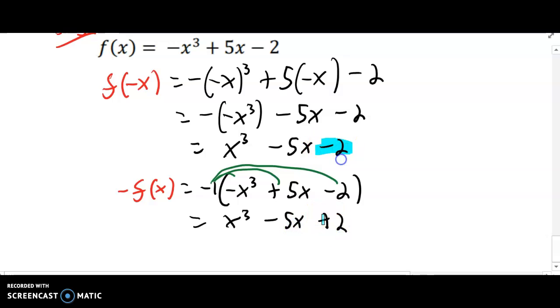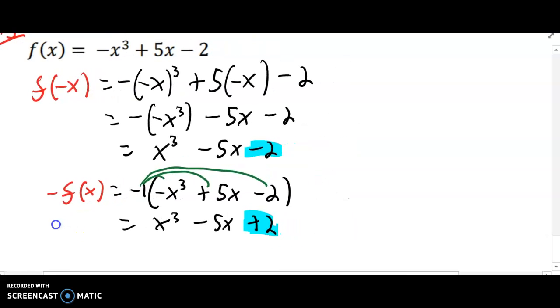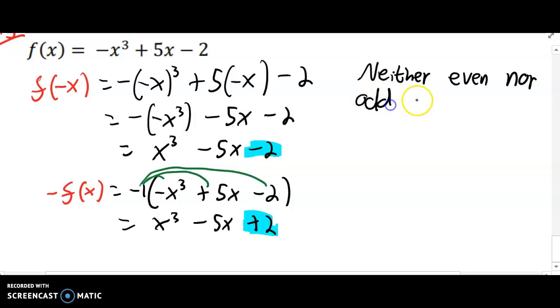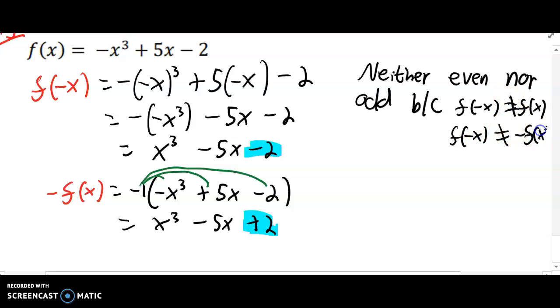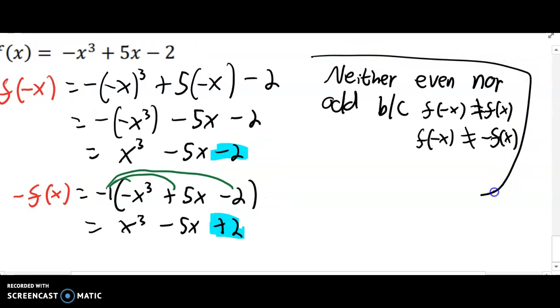You'll notice the plus 2's don't match, so this one is neither. We say neither even nor odd because f of negative x definitely does not equal the original, and we tested negative f of x, and that's not true either. So in this case, it is neither.